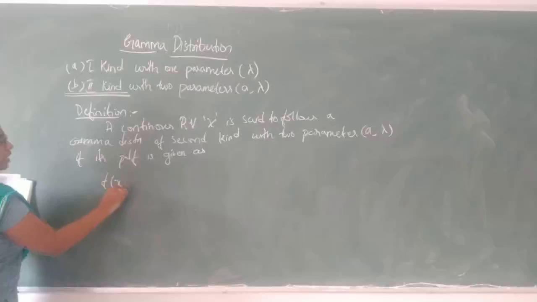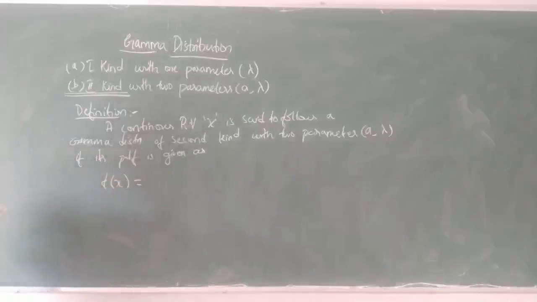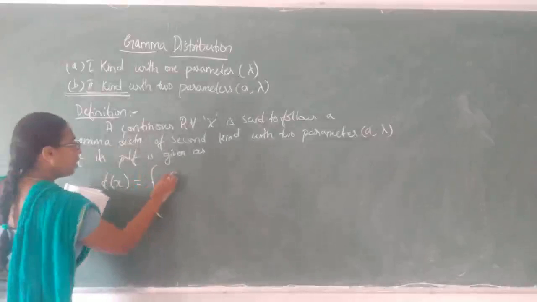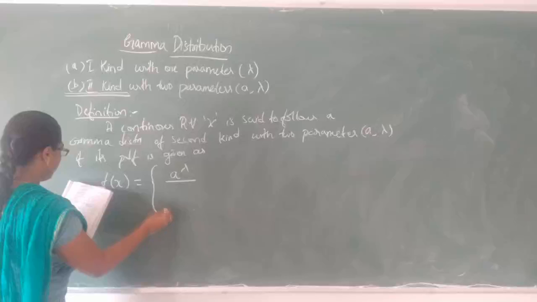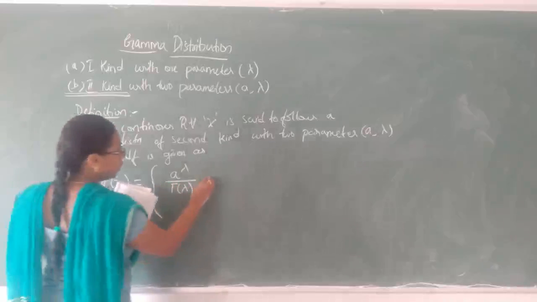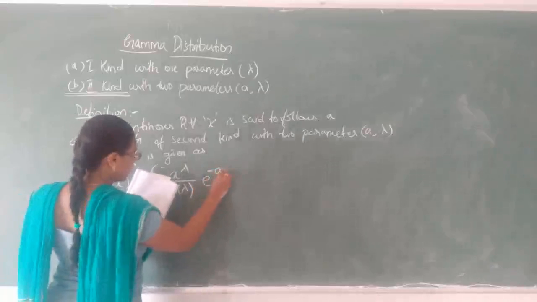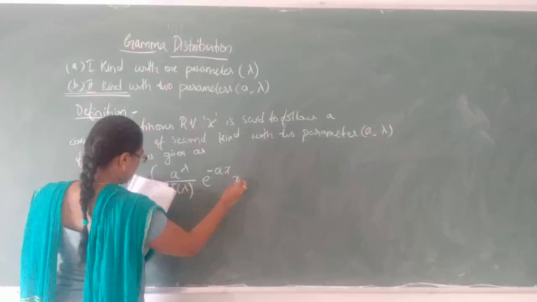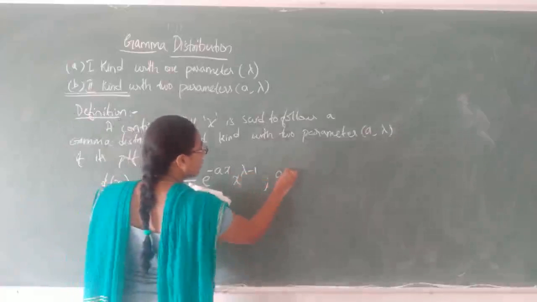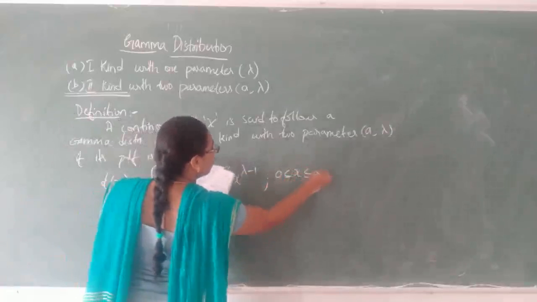Here the gamma distribution of second kind is given as f of x equals a power lambda divided by gamma of lambda into e power minus ax into x power lambda minus 1, where x lies between 0 to infinity.